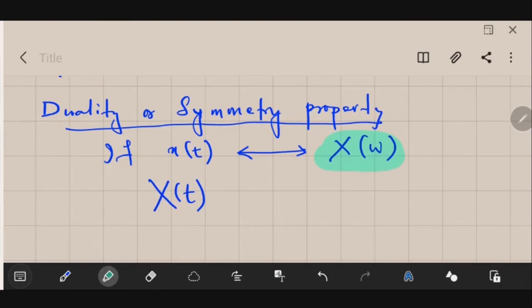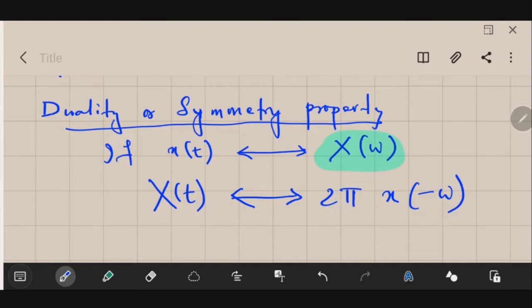Then I have just replaced omega by t and I am trying to find out the Fourier transform. Then the Fourier transform will be how much? 2 pi into small x of minus omega. So this is your duality or symmetry property.